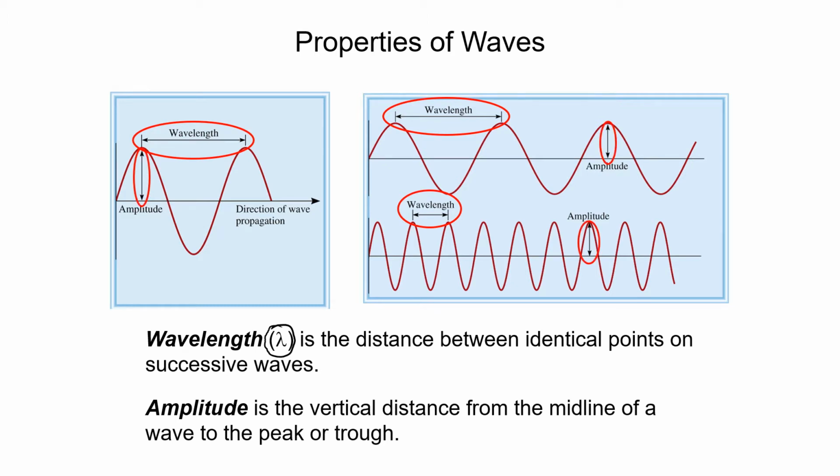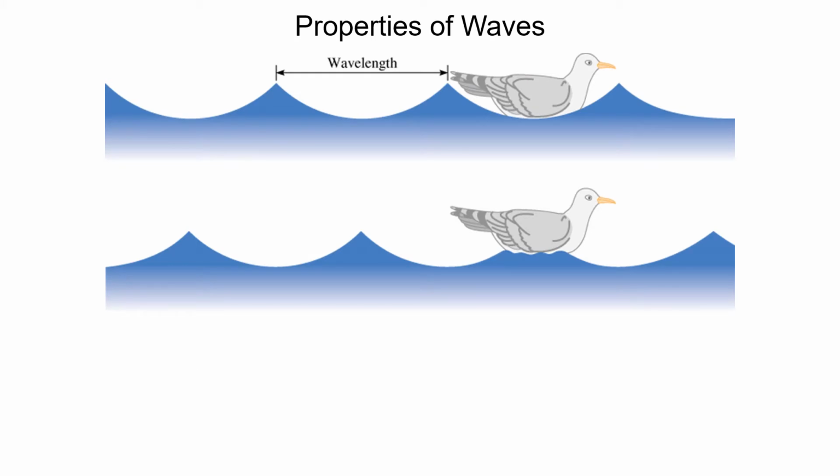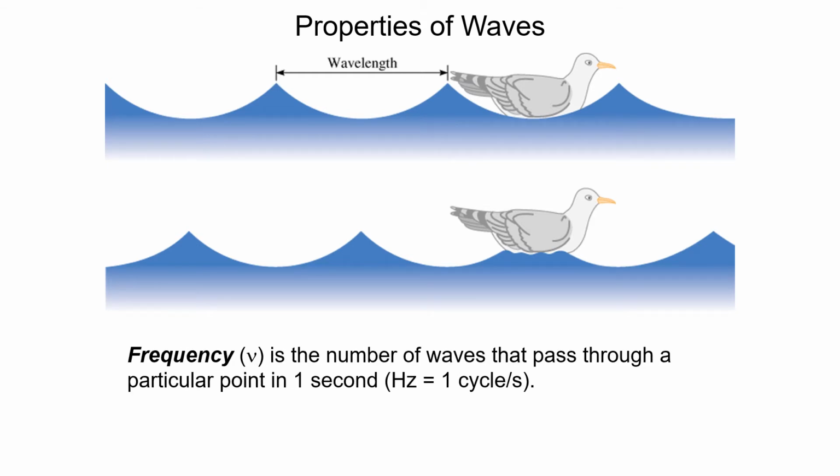The third property of a wave is its frequency. And frequency, designated with the Greek letter nu, which looks like a little v, is the number of wavelengths that pass through a particular point in 1 second.